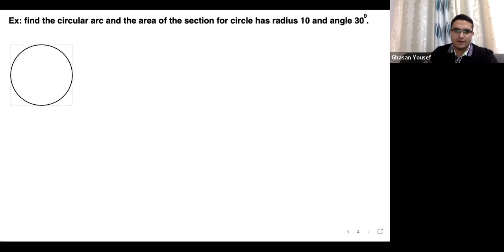Here's my angle again. The radius is 10. So here is the radius. And the angle is 30 degrees.